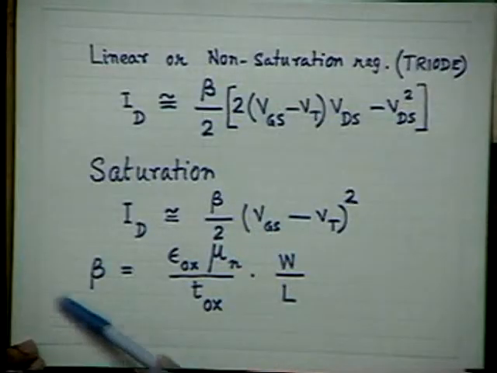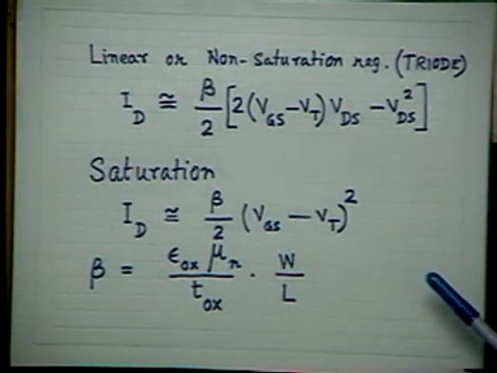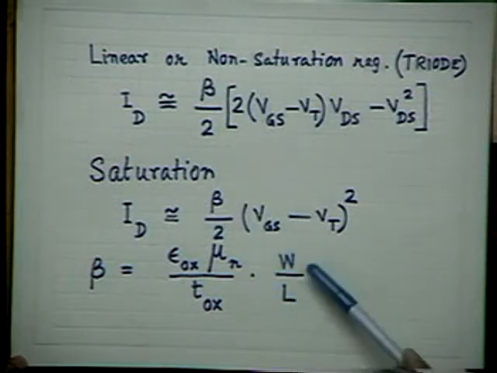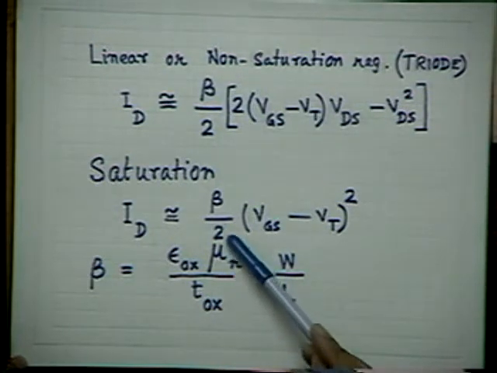Noting down the expression for beta, we can therefore conclude the transistor will have a higher current gain, higher transconductance or mutual conductance if the W by L ratio is higher, if the carrier mobility is higher.